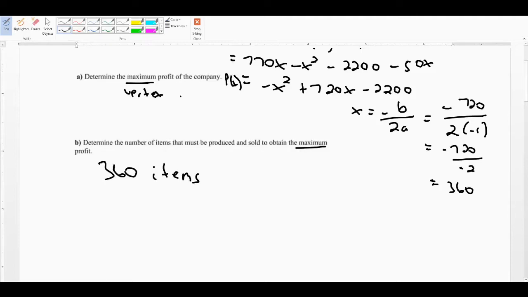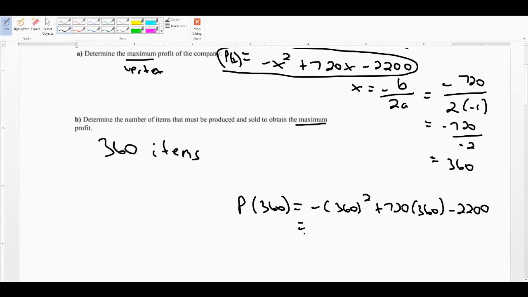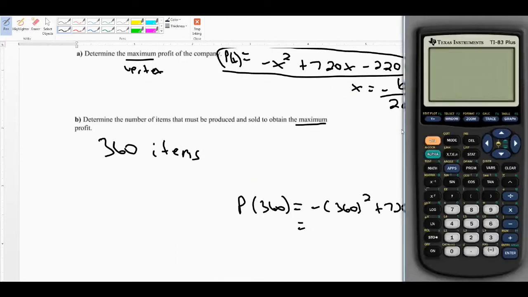Now we need to find the maximum profit. And that's where we use the profit function. So I'm going to come down here and actually find P of 360. So everywhere you have an x, you put 360. And if you get a negative answer, it means you did something wrong. So let's take out our calculator.